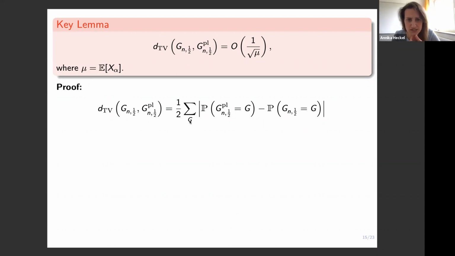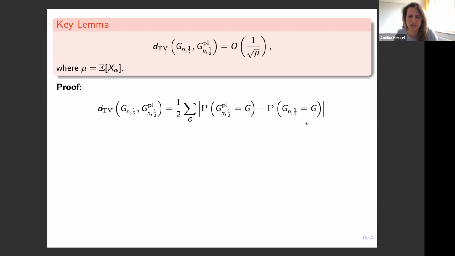Confusingly, I've called this G, so this is not the same G as in the coupling. And we subtract the probability that the planted model comes out as our given graph G, and the probability that the normal G(n,1/2) comes out as G.